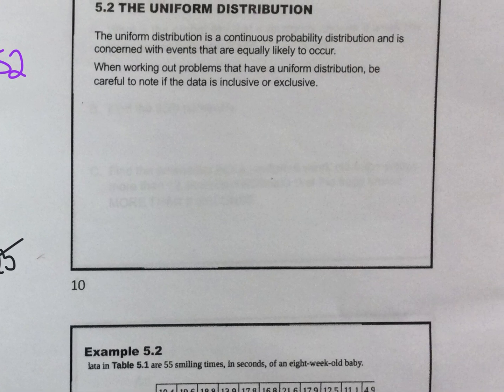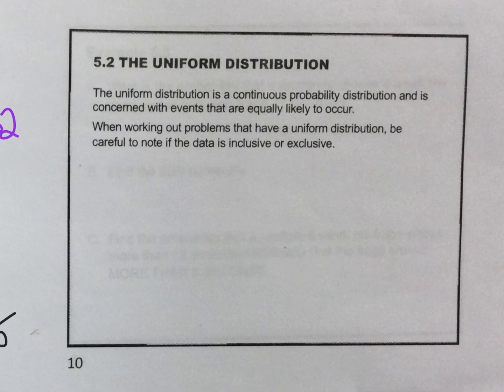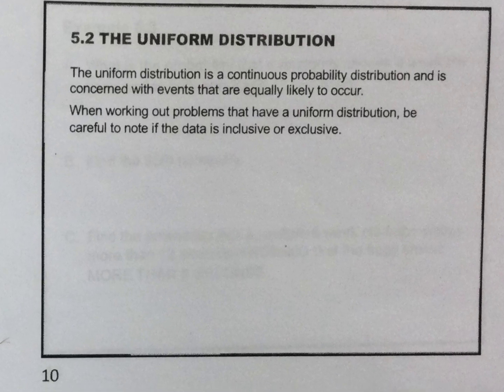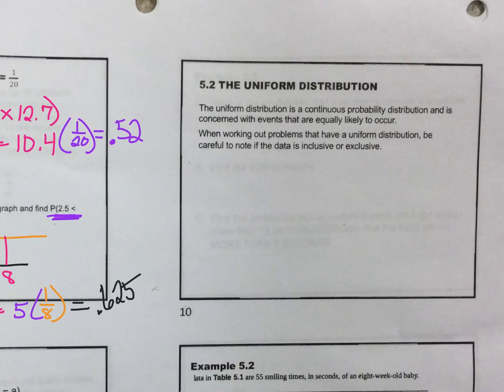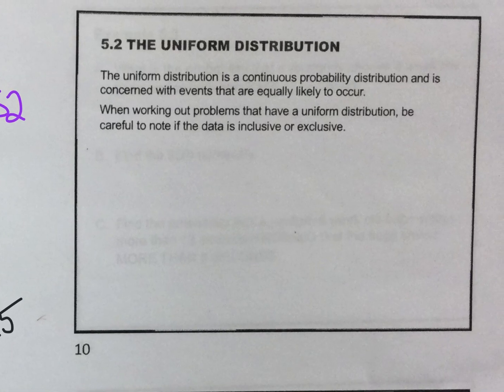Okay, so now we're doing 5.2. The uniform distribution, we're going to look at it specifically. So continuous probability distribution is concerned with the events that are equally likely to occur. Now, it says, be careful to note on these whether it is inclusive or exclusive, okay?